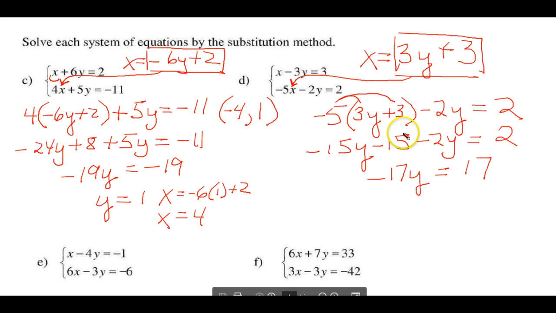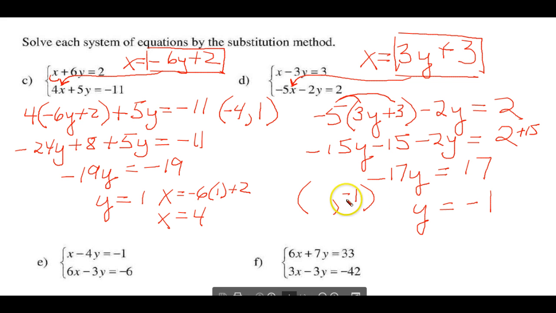We transpose the negative 15 to this side where it becomes a positive 15. Add it together, we get a 17. We divide both sides by a negative 17. We get y equals a negative 1. So now we have one of our ordered pair members.